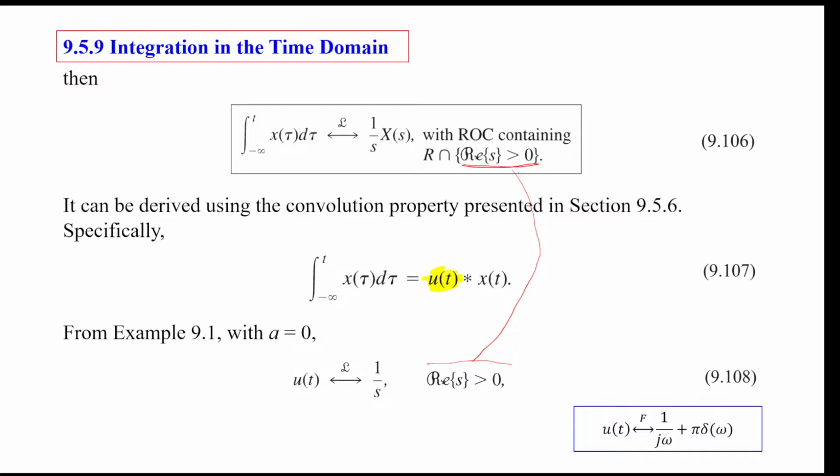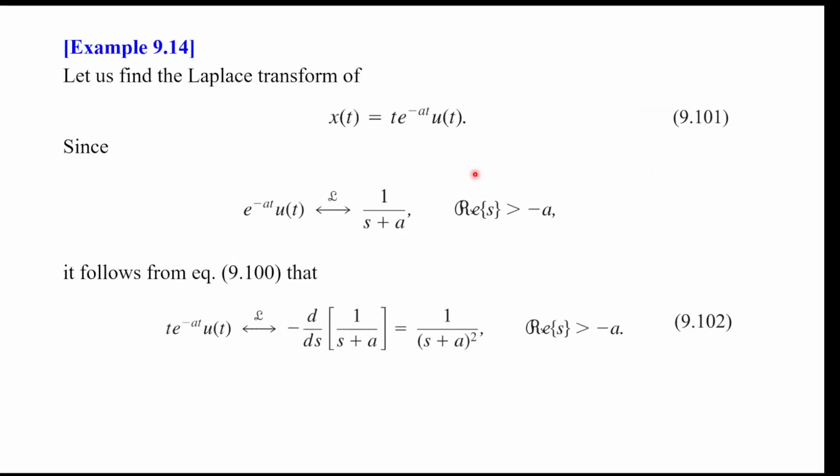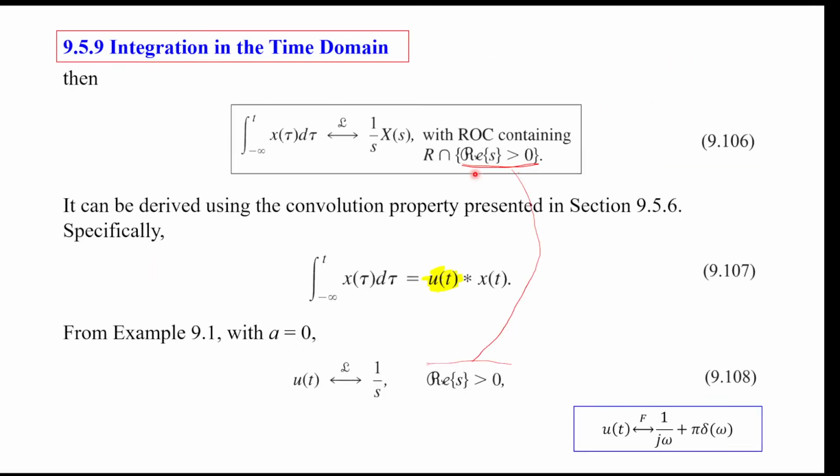So let's go back to our properties of the Laplace transform, and we have our integration property. We see that this ROC analysis of the integration property looks very similar to the ROC analysis of the multiplication property. And indeed that's because the integration property can be derived from the convolution property.